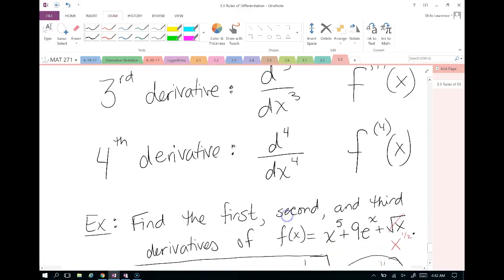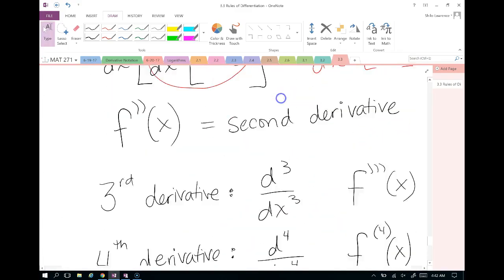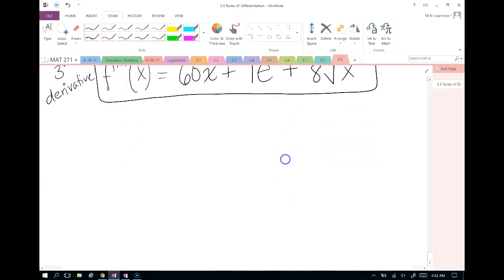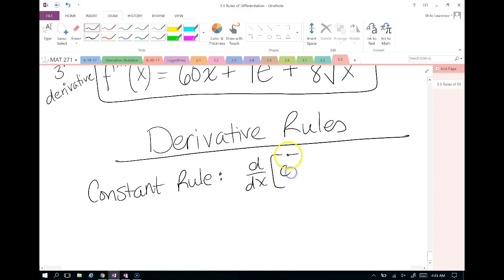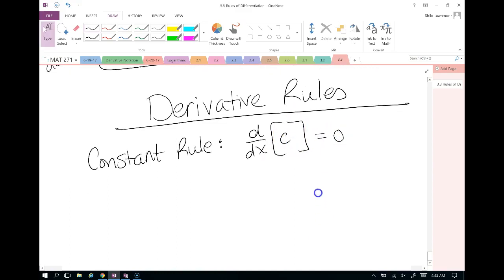So that is the beginning of our shortcut rules, and I promised you we would have a list here of just the rules all together at the end. So we started with the constant rule that said the derivative for a constant is 0.